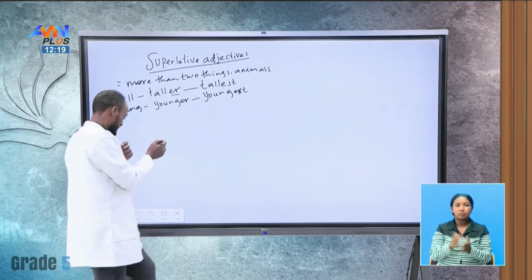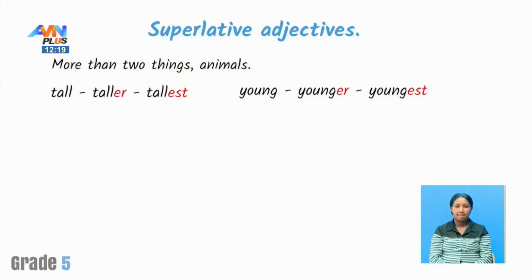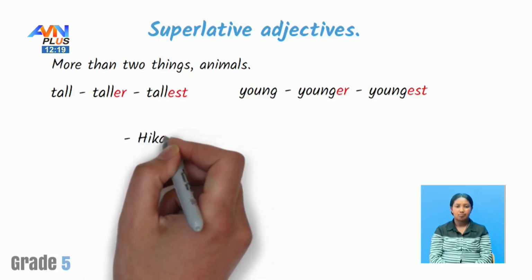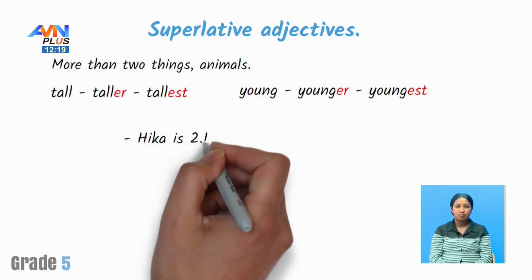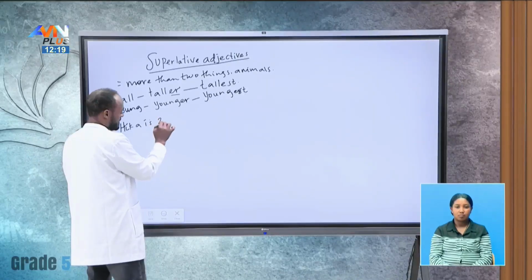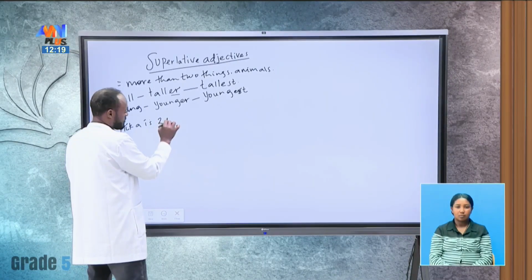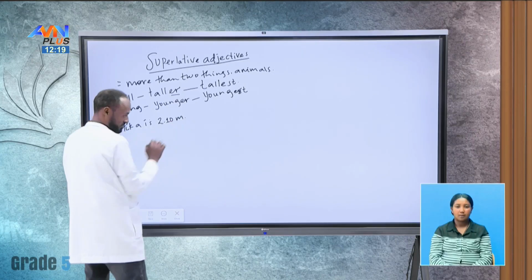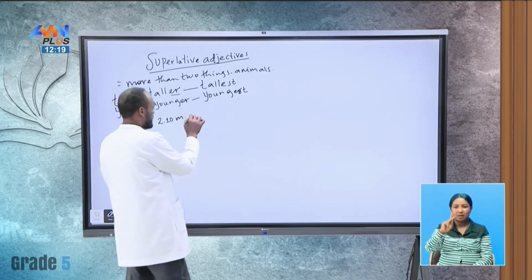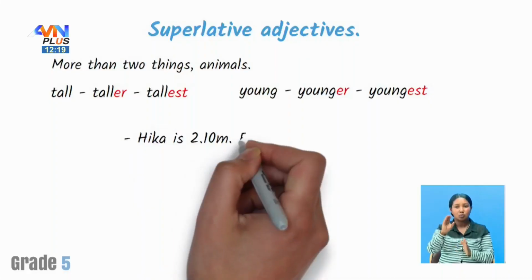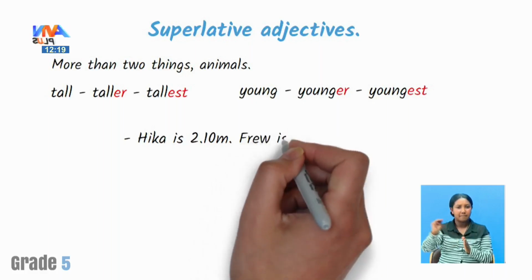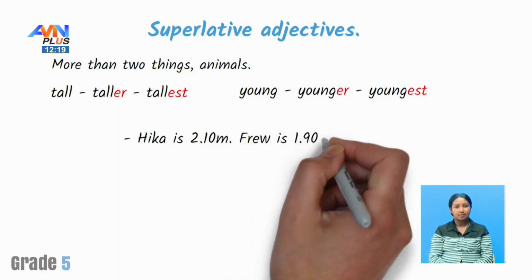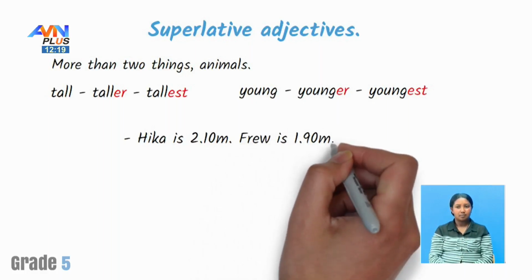For example, Hika is 2.10 meter. Then here, Thro is 1.90 meter.